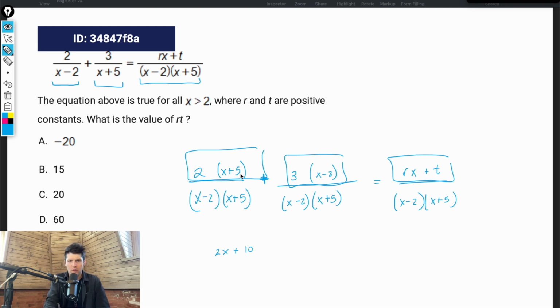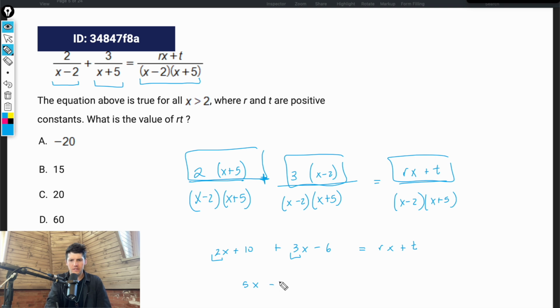And we have 3 times x and 3 times negative 2. And that has to equal rx plus t. So now just combining like terms, the 2 and the 3 give the r, so that's 5x. And then 10 minus 6 is negative 4.